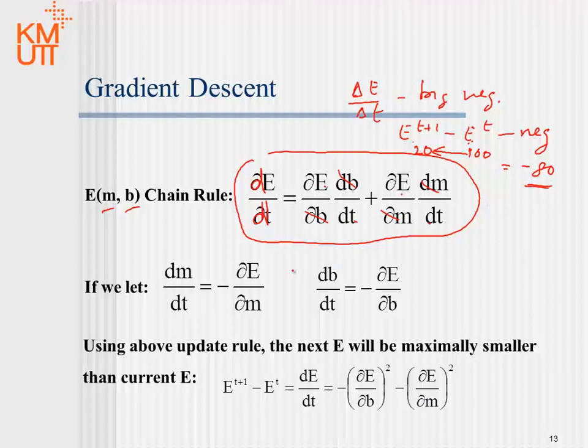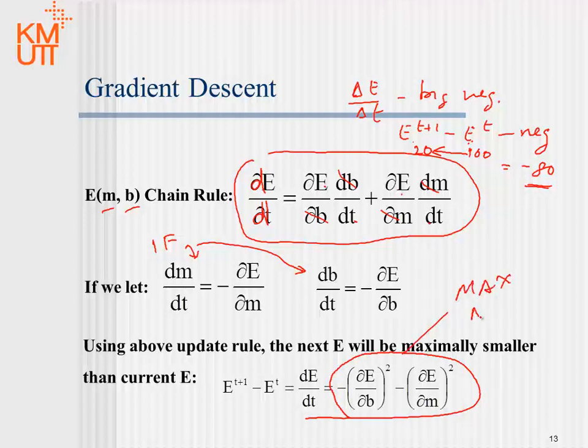So we can see that if we do this, okay. If we do this and if we do this, we will get the biggest possible negative number, okay, maximum negative.